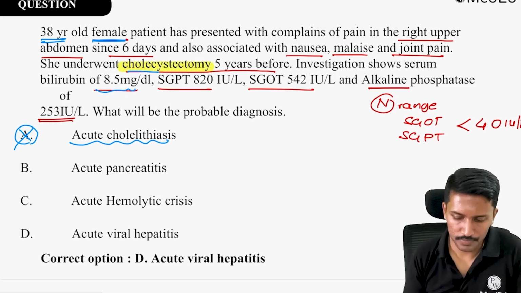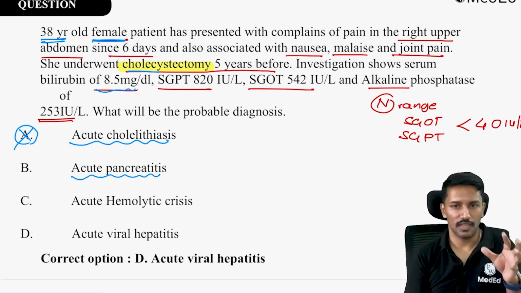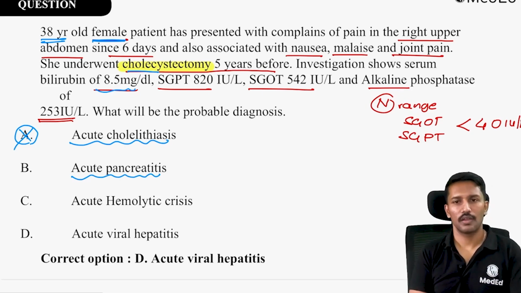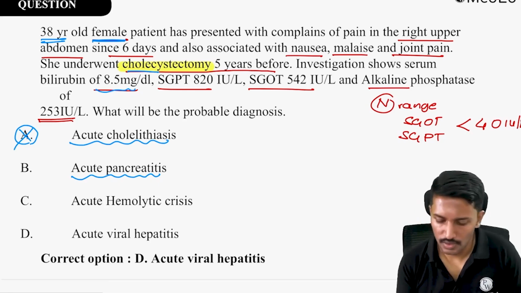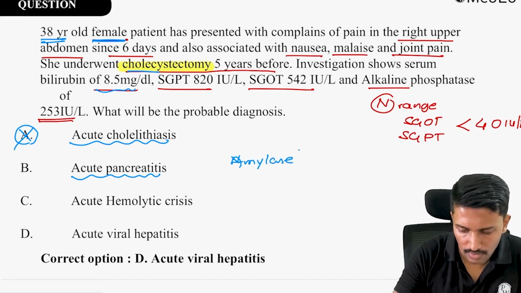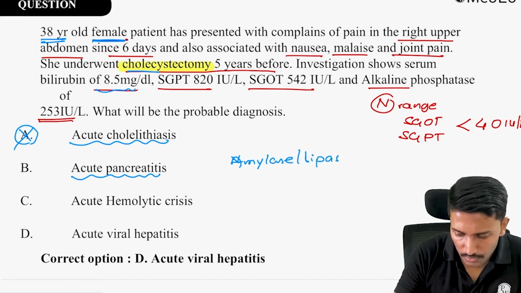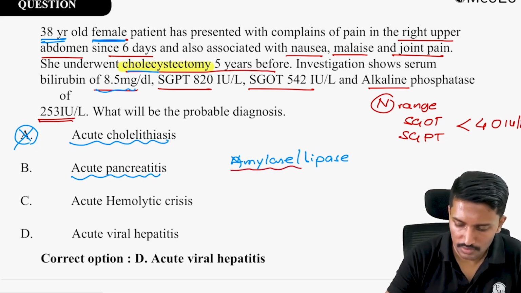Okay. Now, can I make the diagnosis of acute pancreatitis from the information given in the question? No. To make the diagnosis, I need the evidence of elevated amylase or lipase. So here, there is nothing mentioned about the amylase or lipase. If examiner wants me to make the diagnosis of pancreatitis, he should mention either elevated amylase or lipase.